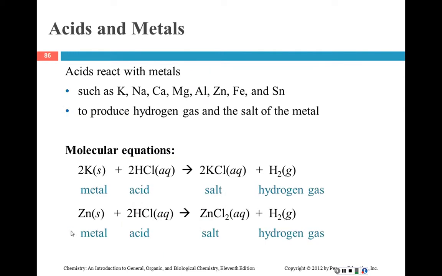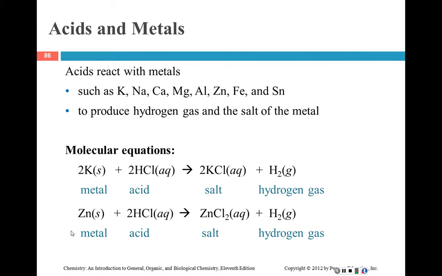Acids react with metals. Metals, remember, are on the left side of that zigzag line, so they're going to be your potassium, sodium, aluminum, zinc, tin, things like that. When you react an acid with a metal, you are going to produce hydrogen gas. That's a rule.